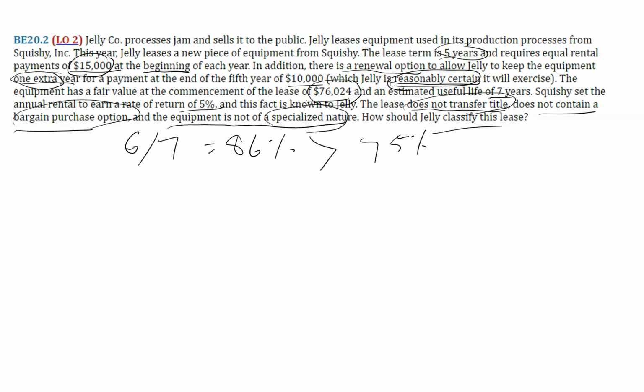Since the payments are at the beginning of the year, we use the present value of annuity due table, and we multiply it by this $15,000.